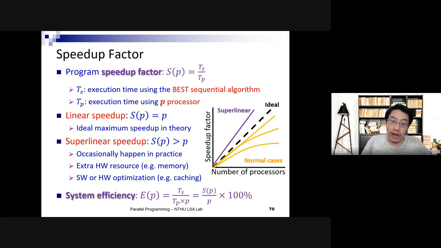So in general, however, people more often use the term speed up factor, and system efficiency is less often used. Some people call it parallel efficiency, others call it speed up system efficiency. Speed up is more clear. Everybody knows when you talk about speed up, you try to record the performance when you add more resources or when you do parallel computation.